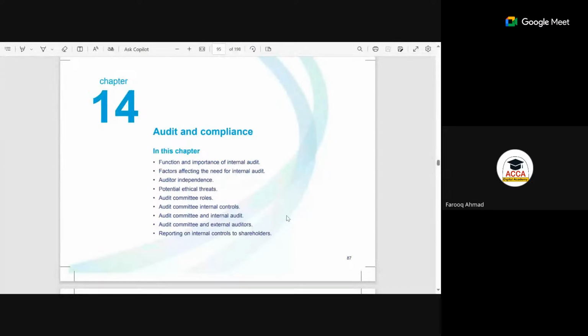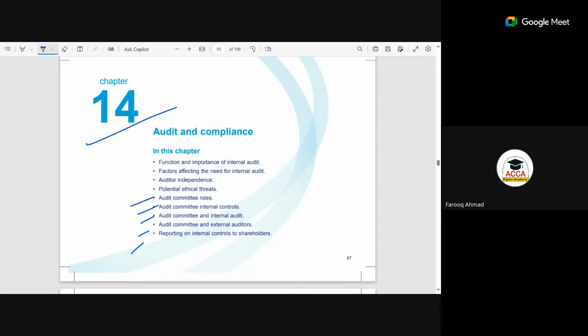In this chapter on audit and compliance in the Kaplan flashcards, we will see the audit committee rules, committee, internal control committee.